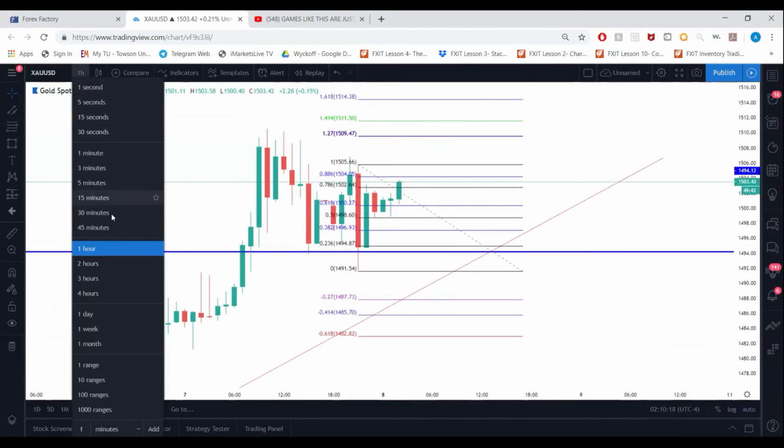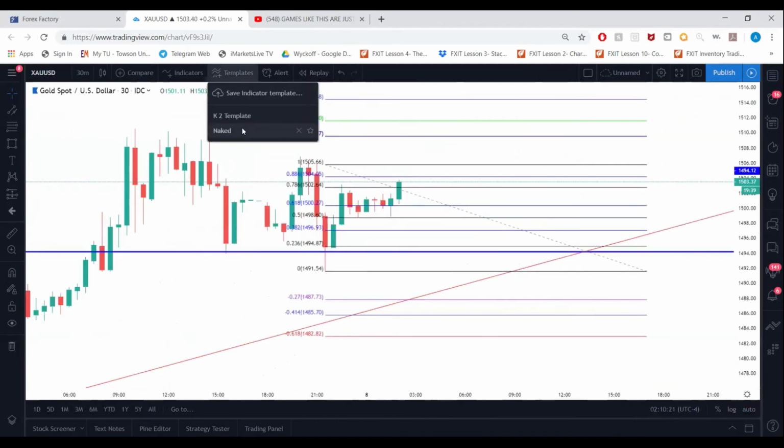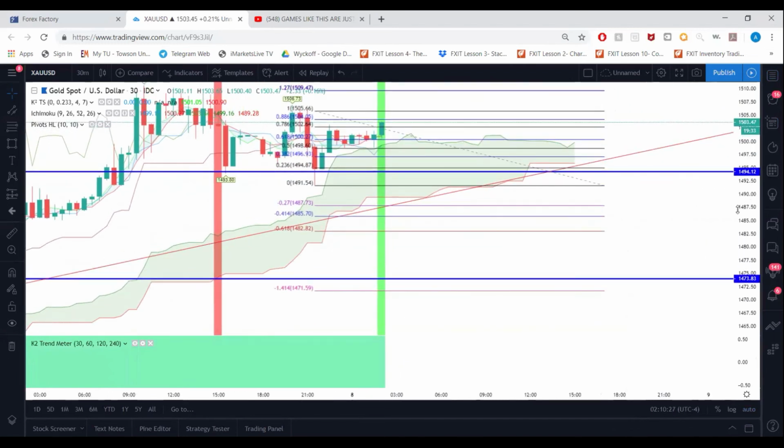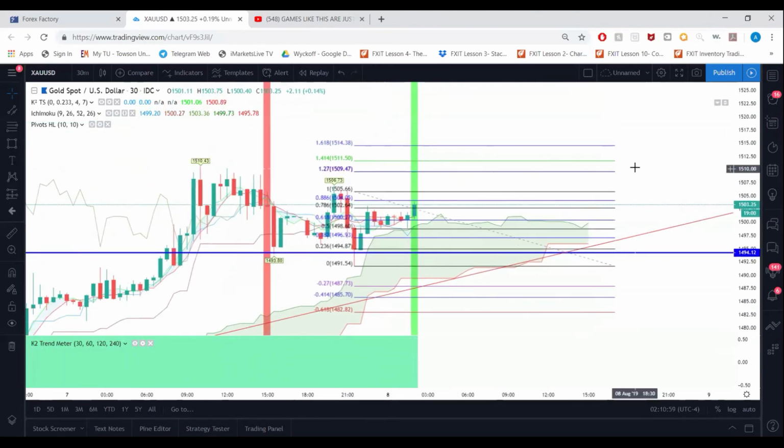Gold is trying to push up. It might just hit a supply zone and shoot back down. I'm saying it might hit that supply zone and just shoot back down. I mean, if it breaks 1505, then it might be going high.